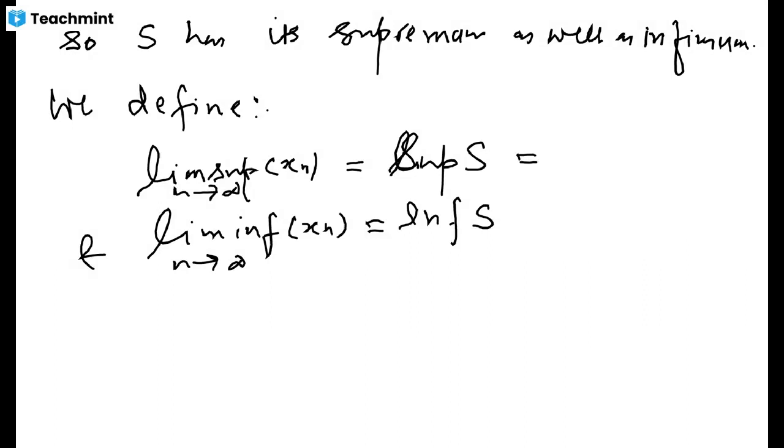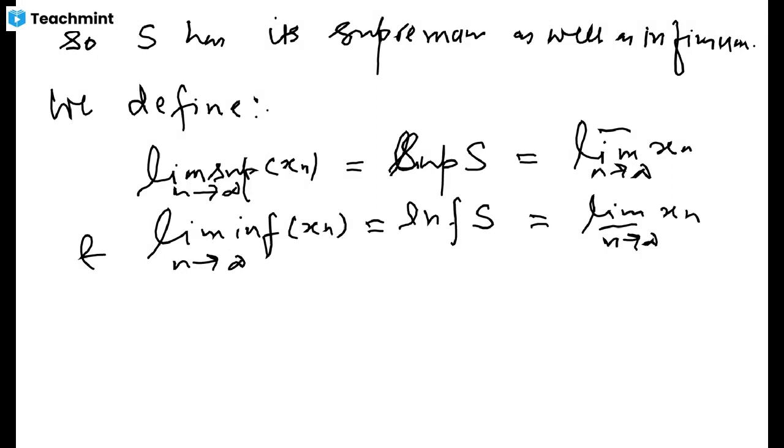Limit superior, limit sup, has this notation also, xn with a bar above as n tends to infinity, and this infimum of this set has another notation also, as n tends to infinity of xn.